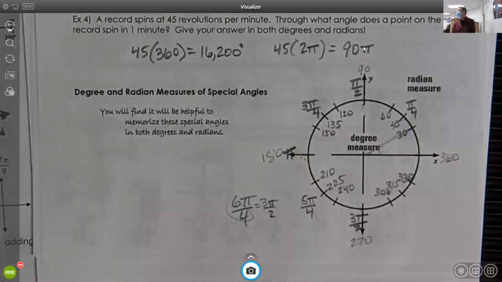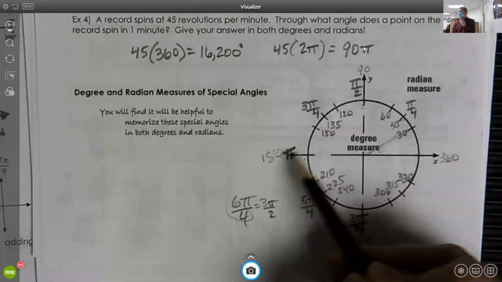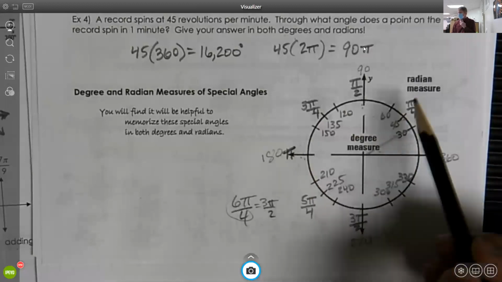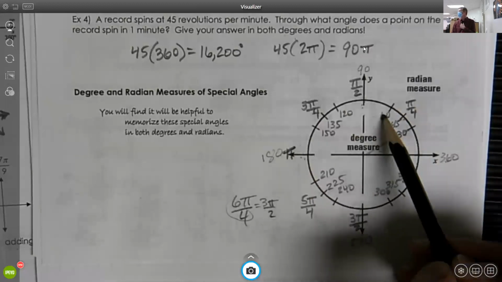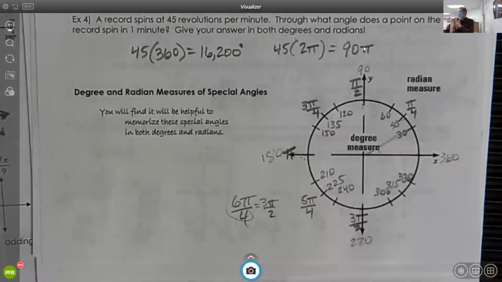Now let's do 60. How many times does 60 fit into 180? Three times. So what's the radian at 60 degrees? Pi over 3. You're taking the pi and you're breaking it into 3 equal amounts.